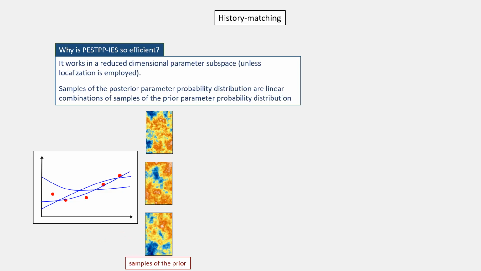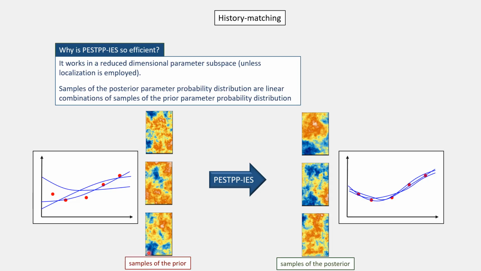Then, through the magic of IES, these become morphed into samples of the posterior parameter probability distribution. They're samples of the posterior because they allow model outputs to fit field data. Because we're working in a limited dimensional subspace, we gain the benefit that the number of model runs per iteration is the same as the number of dimensions of that subspace, the number of realizations in the ensemble.